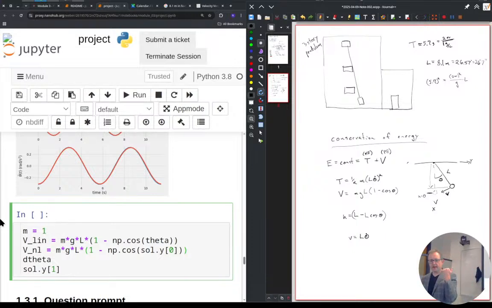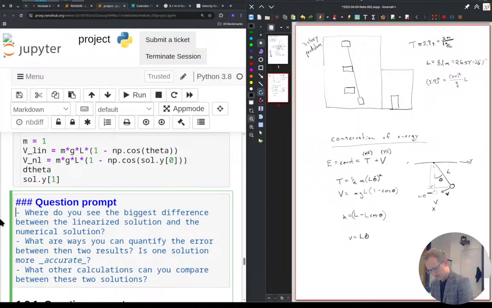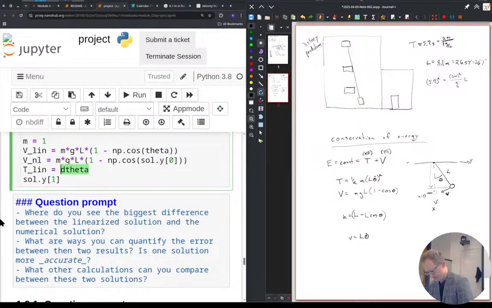So I'm creating a nonlinear v and then a linear v just based on how I calculated theta. So sol y0 is theta, and then theta is my linear answer. So now T is one half times M times L squared times d theta squared.